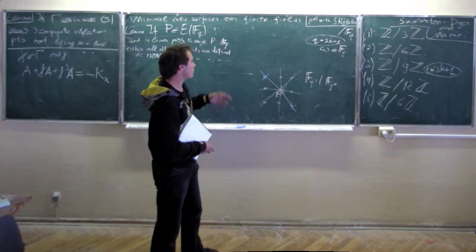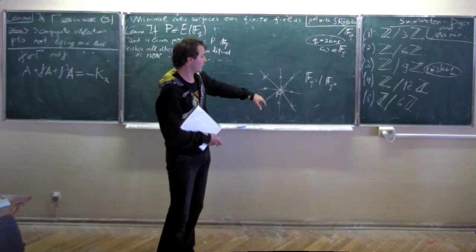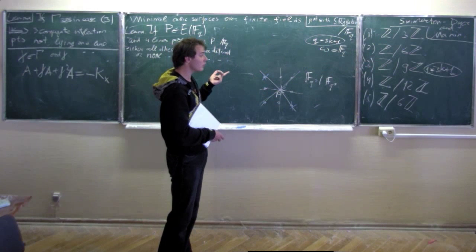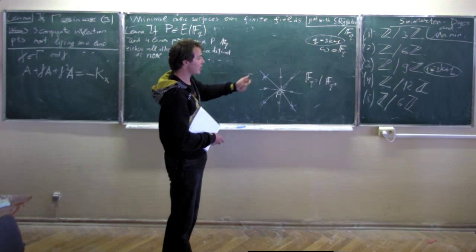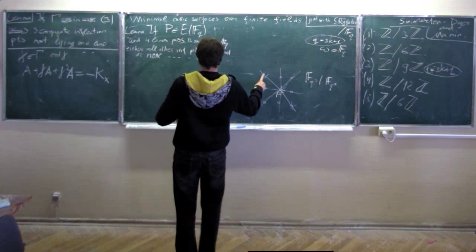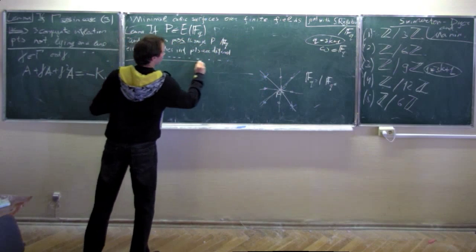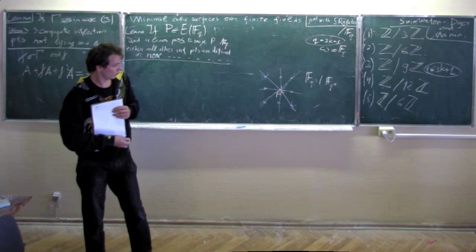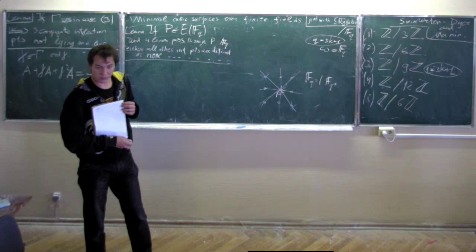And now assume that none of these lines are defined over FQ, but all these lines are defined over FQ squared. But what's the difference? You just write down a particular polynomial P for which all inflection points are defined over Q, and say that in this case you have solved case 2.